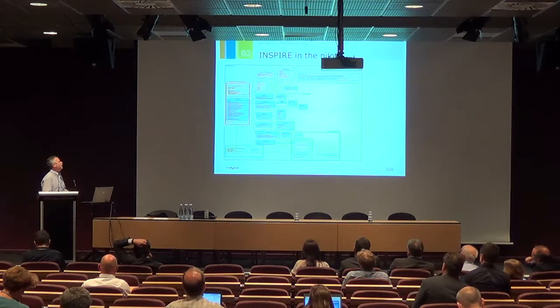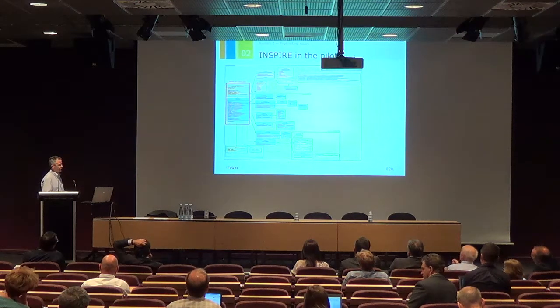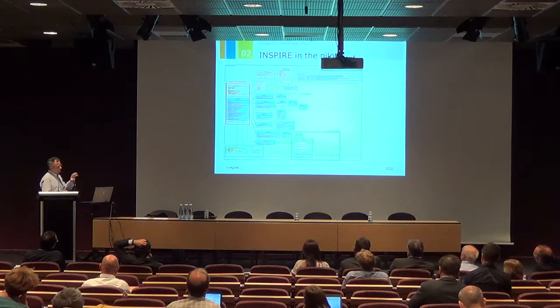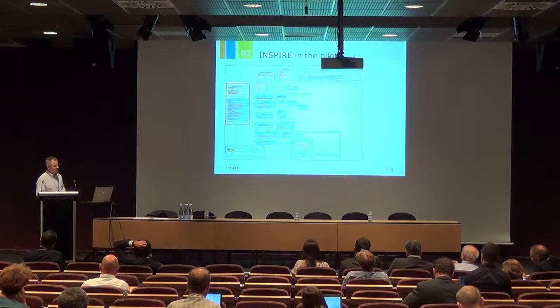This is our data model, and I want to mention that the red tables are geometry, topological information. The blue tables are related with Annex 1, and green tables are related with Annex 3.